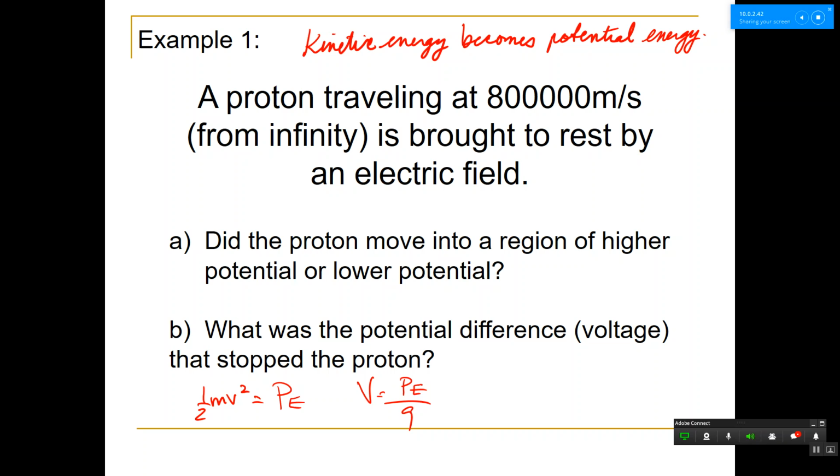All right, guys, what did you get? What are the units? Which one? I think you made a mistake. Story of my life. It's 3,340 volts. Let me see what you did here. You forgot to square the velocity.